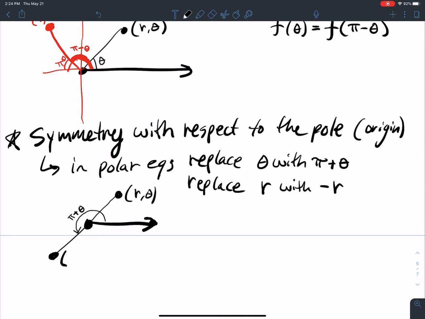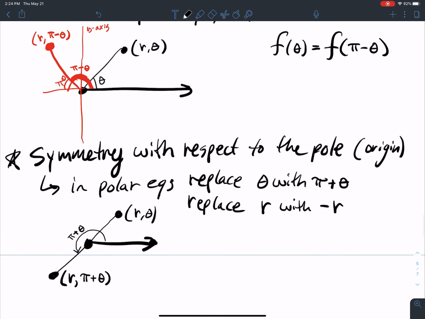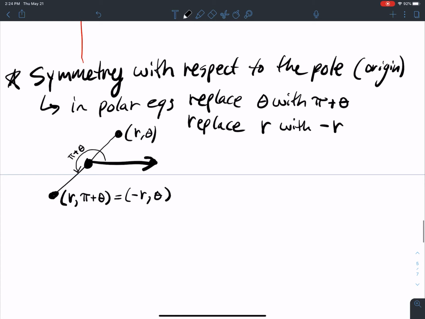So this point over here is r comma pi plus theta, okay, which is equal to negative r comma theta. Okay. So it's symmetric about that pole right there.